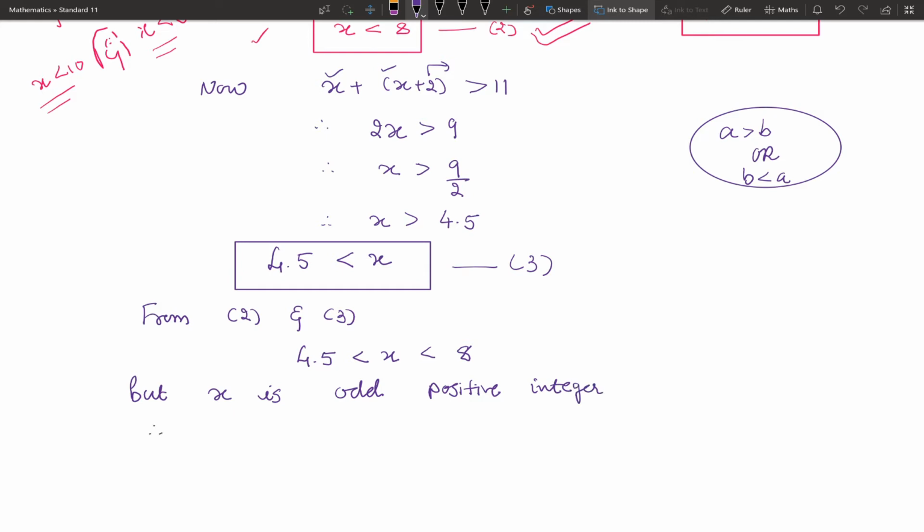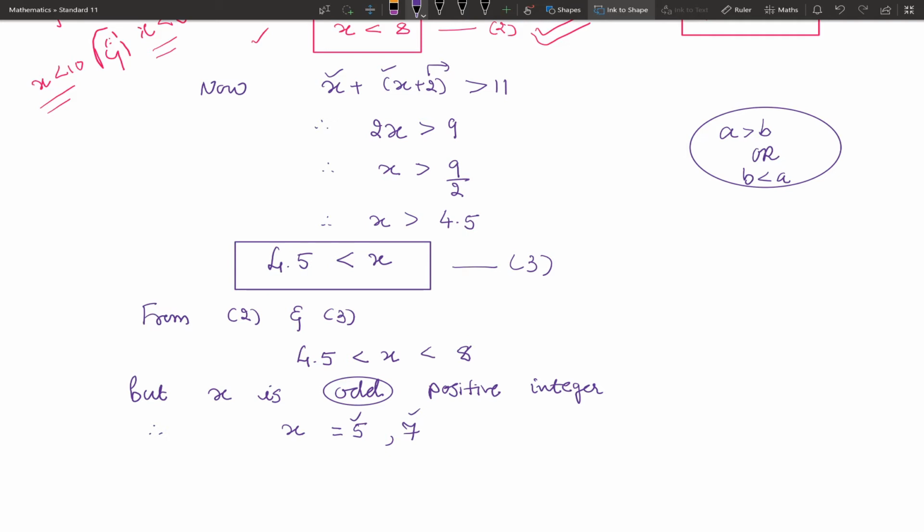Therefore possible values which are greater than 4.5 and less than 8, and at the same time must be odd. So possible values for x are 5 and 7. You can observe 5 and 7 both lie between 4.5 and 8, and both are odd.